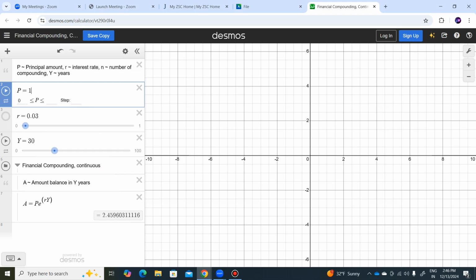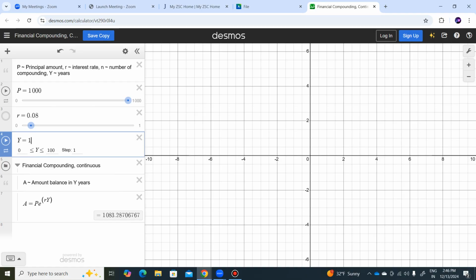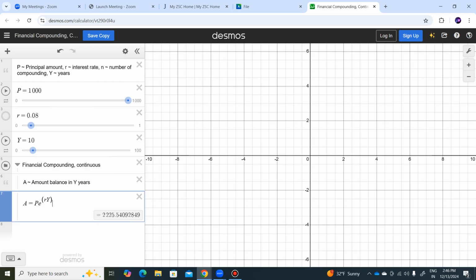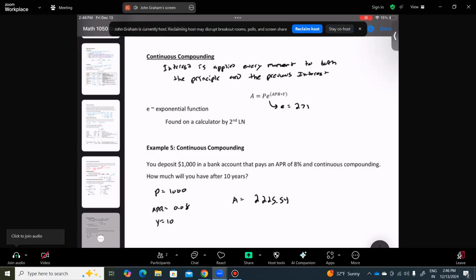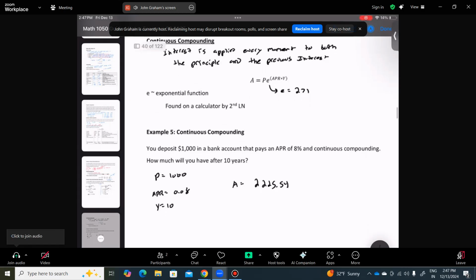So 1,000, 8%, 10 years, and our amount is going to be 2,225.54. Yeah. So that's continuous compounding.